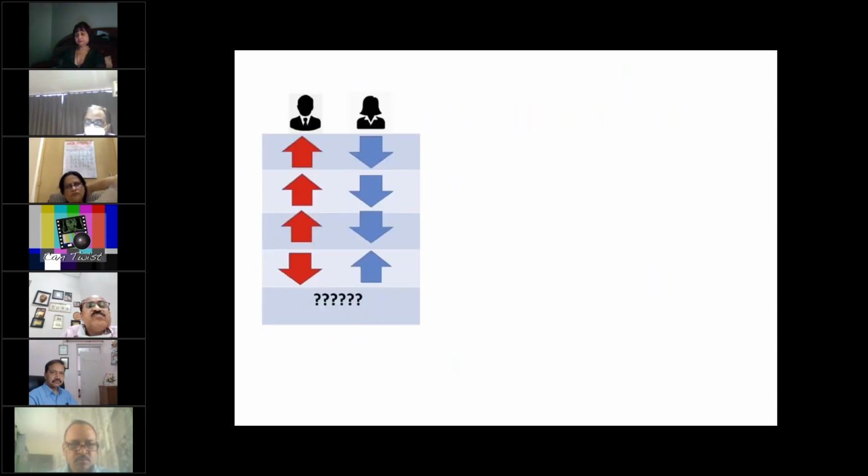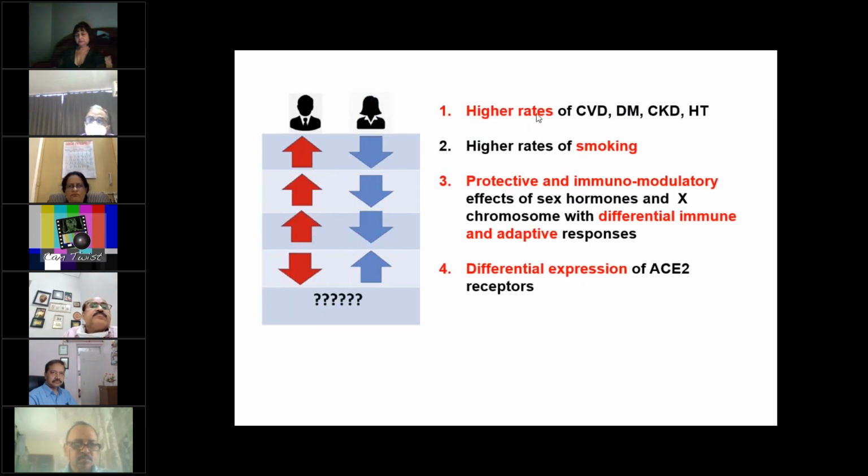Now the gender differential initially was explained that males did badly because of higher rates of cardiovascular disease, diabetes, chronic kidney disease in the males, higher rates of smoking, and we all know there is a protective and differential immune response mediated by the gender hormones, by the estrogen. So that is why perhaps the females did better. There is a differential expression of the ACE2 receptors in the females. So that is why they did better.